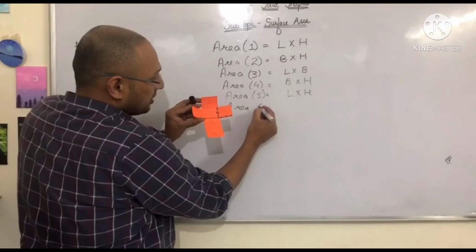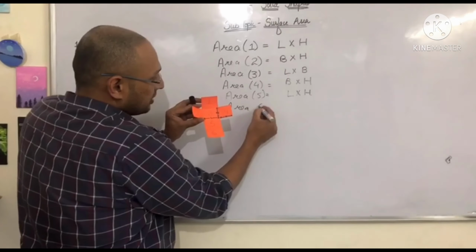So let's calculate the total surface area. What we need to do is simply add these six areas. So let's do L into H plus B into H plus length into breadth plus B into H plus L into H plus length into breadth.